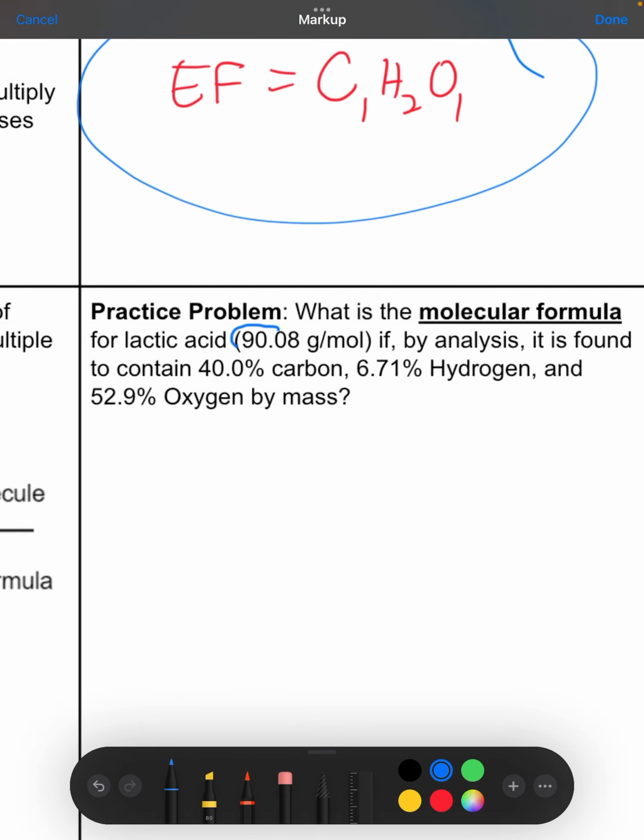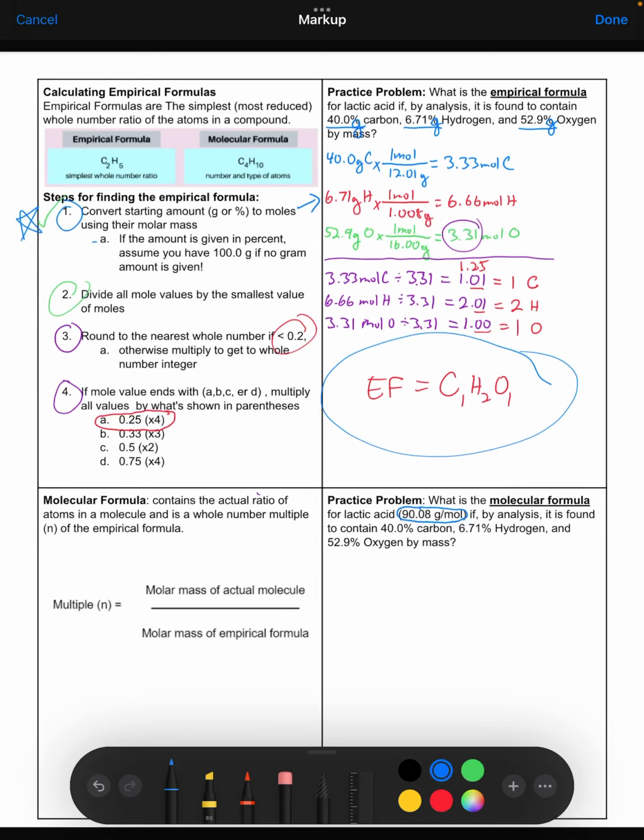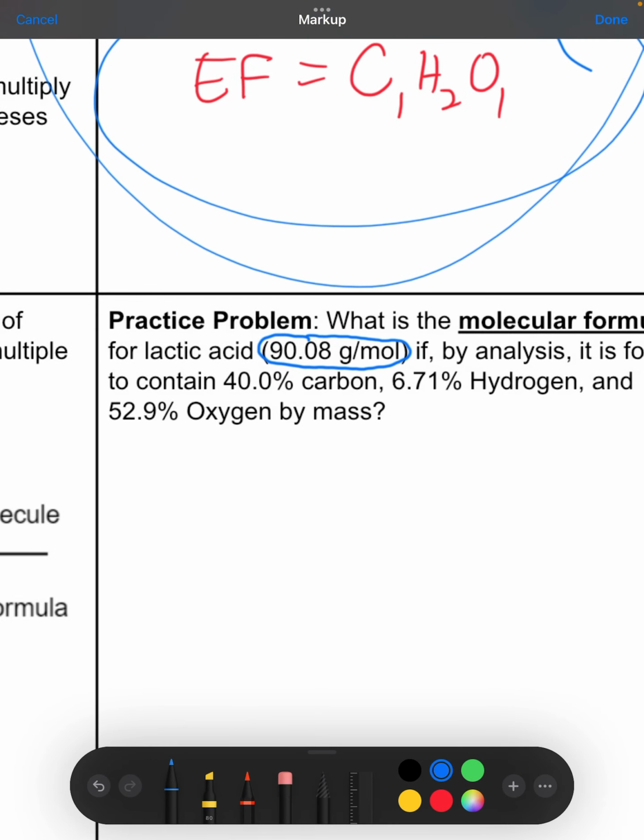And it gives me its molar mass, if, by analysis, it is found to contain 40% carbon, 6.71% hydrogen, and 52.9% oxygen. So again, that's the same data I have up here. Because this is just effectively part 2 of that problem, I don't have to do all of this again. I already did it in part 1. So I'm going to use my answer from part 1 to do part 2.